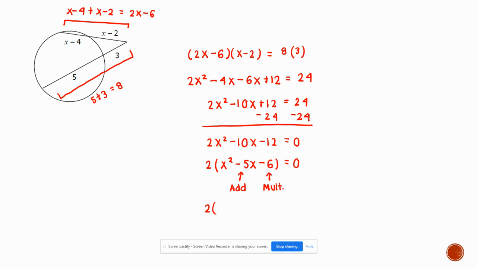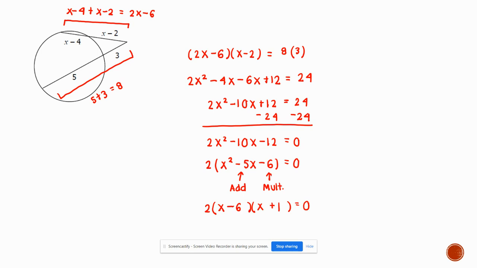Got to keep that GCF there. Because there is no number in front of the x squared, that means I start off each of my parentheses with an x. Numbers that multiply to negative 6 but add to negative 5 are going to be negative 6 and positive 1.